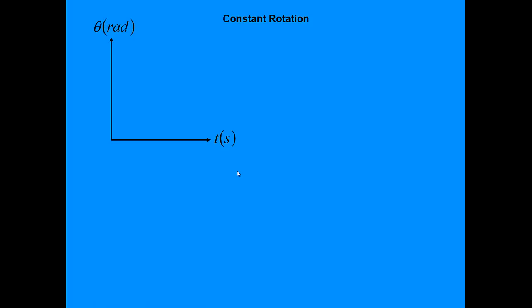Now, hopefully you're saying to yourself, well, this looks a lot like maybe what the toy car did last year, constant velocity, right? But rotating. In which case, the graph would probably look like this, right? A linear graph, right? To show that it's constantly rotating.